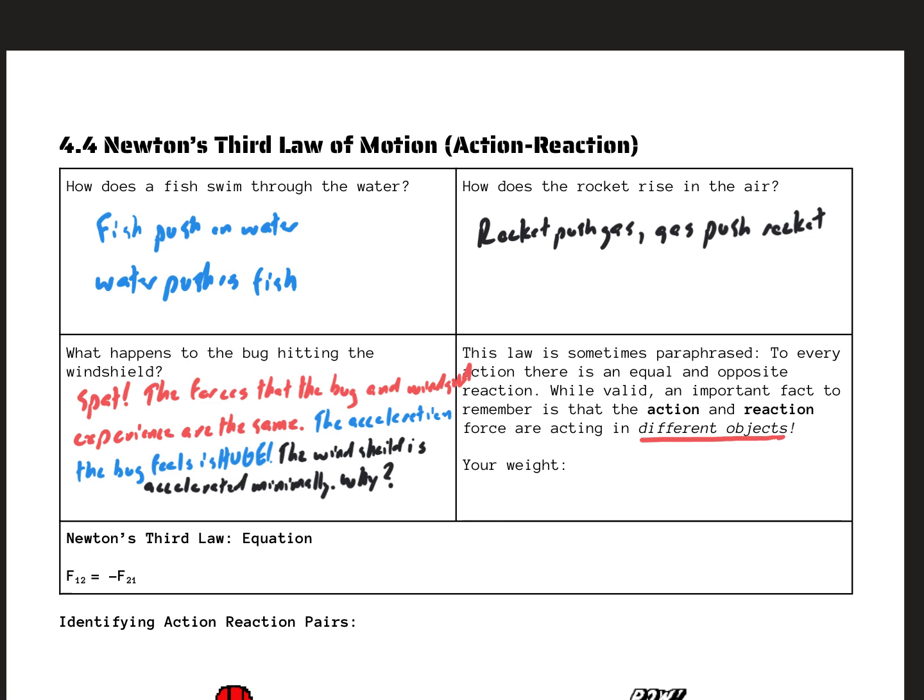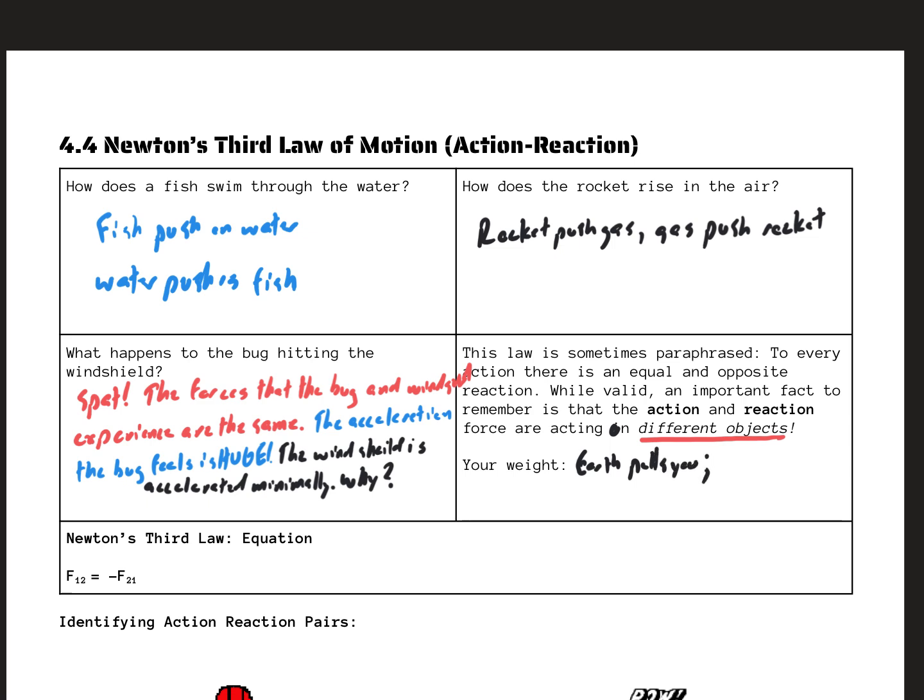This law is sometimes paraphrased, to every action there is an equal and opposite reaction. This is a valid statement, but an important fact to remember is that the action-reaction forces are acting on different objects. The best example of this is your weight. What causes your weight? Well, the earth pulls you.